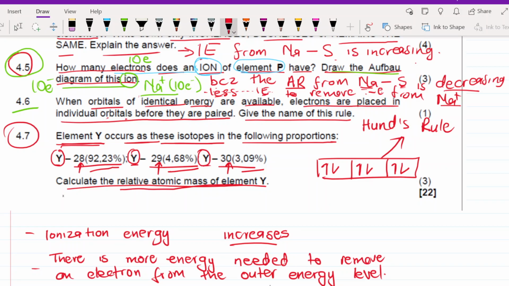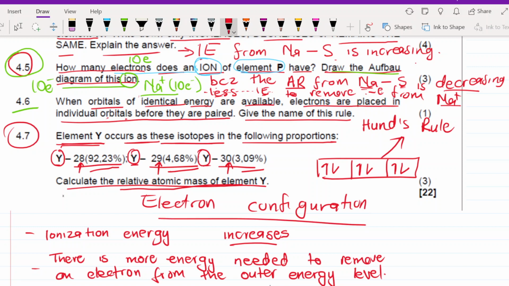So I just want to explain one thing that was not asked in this question. It's called electron configuration. Let me explain this concept in case they ask you in the future.